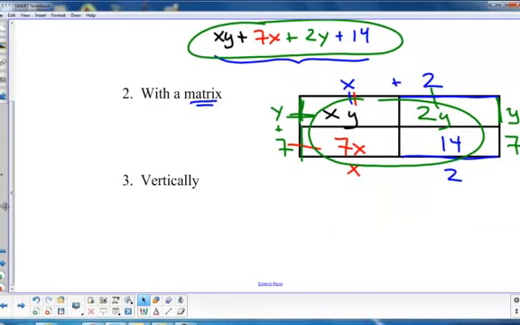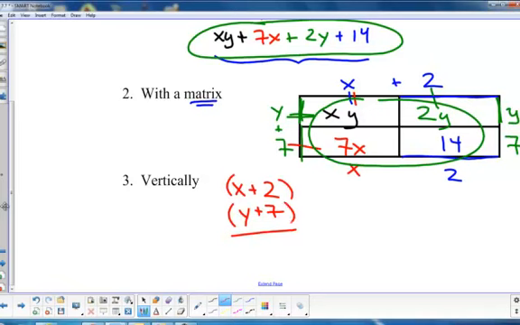And then I don't often multiply vertically, but I guess you can. So you're going to take this 7, you're going to do 7 times 2, which is 14, and 7 times x, which is 7x, and then you're going to take 2 times y, which is 2y, and y times x, which is xy.